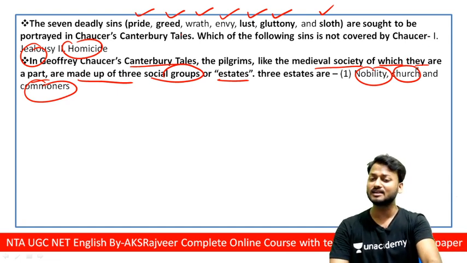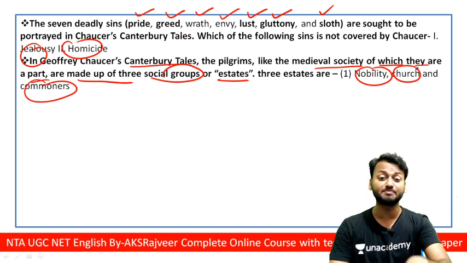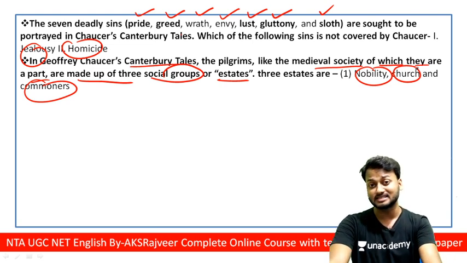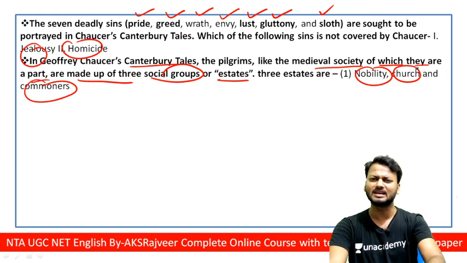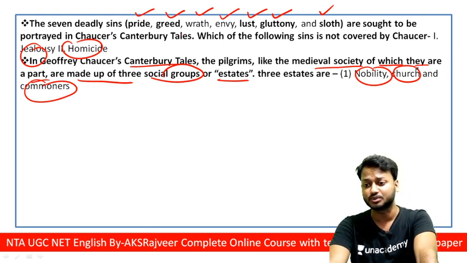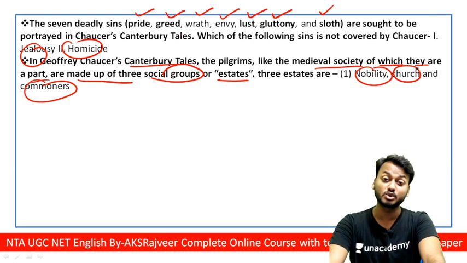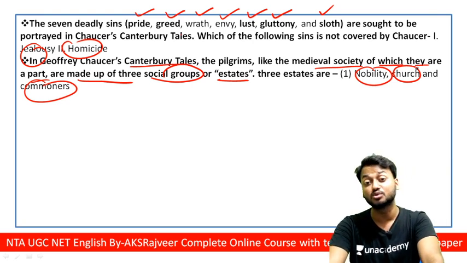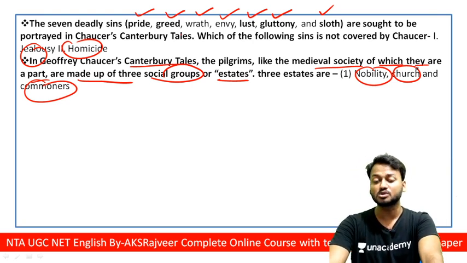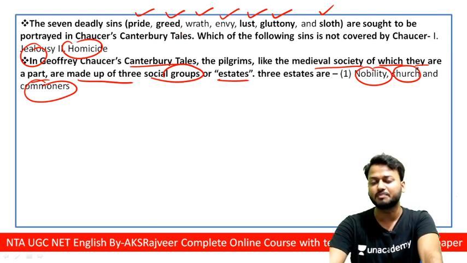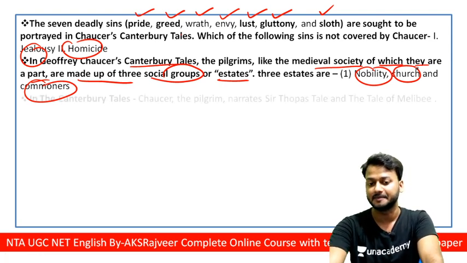Then church authorities, such as the pope, bishop, friar, summoner, and other authorities. Then commoners, serfs and peasants or workers. So the society is divided into three parts in the Canterbury Tales.